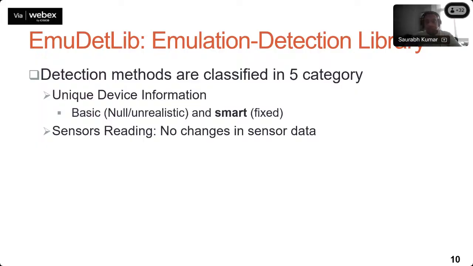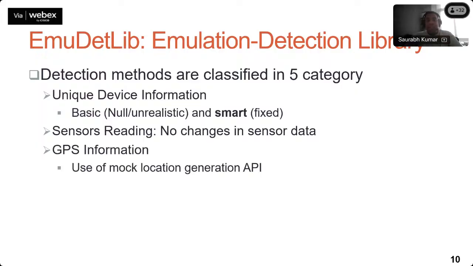So the third thing is this GPS information. If we observe that GPS is also a kind of sensor, then why should we say that this should be a unique or another kind of emulation detection attack? So this is a little bit different because of the Android platform.